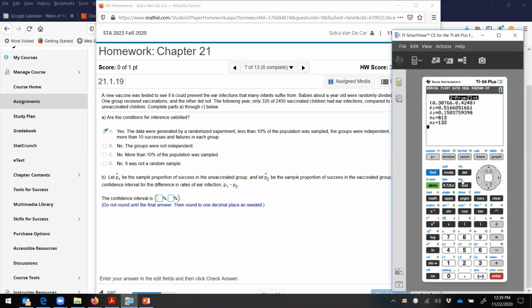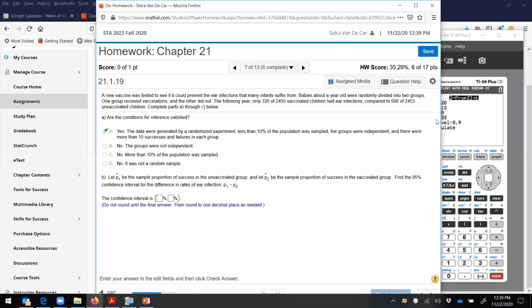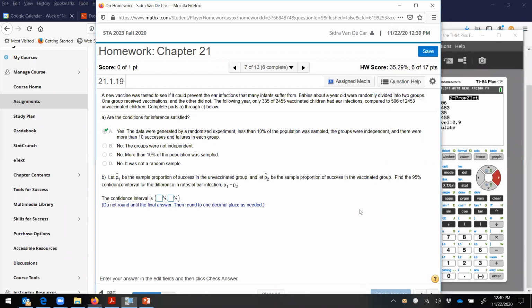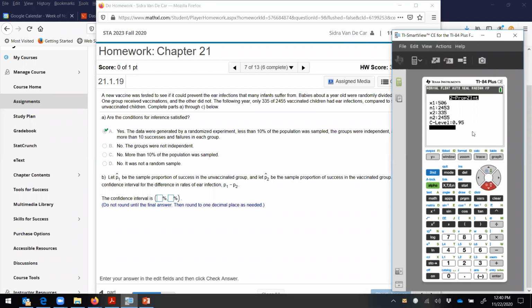Okay, so we're going to go to stat, tests, and we're going to go down to the 2 proportion Z interval. And it's 506 out of 2453, and then 335 out of 2455. And we want a 95% confidence.